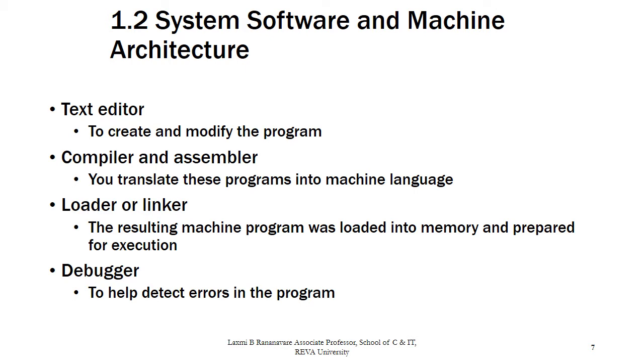An assembler takes the input which is written in assembly language and generates the object code. So there is a difference between a compiler and an assembler. A compiler takes the source program written in a high level language and generates the object code, whereas the assembler takes the assembly language code and generates the object code.